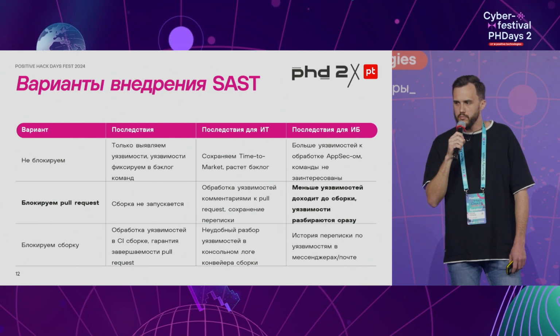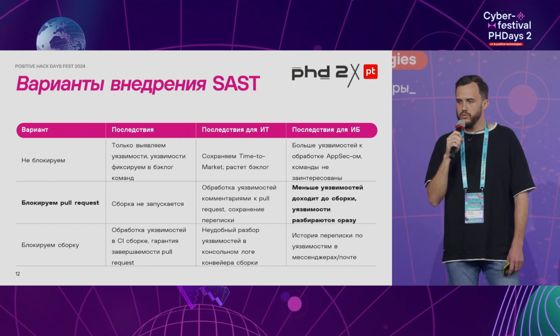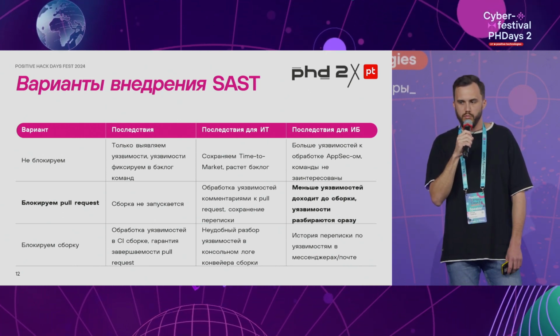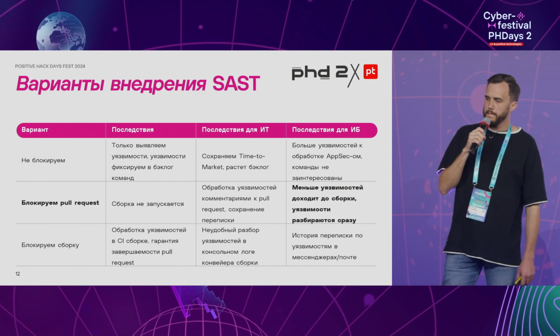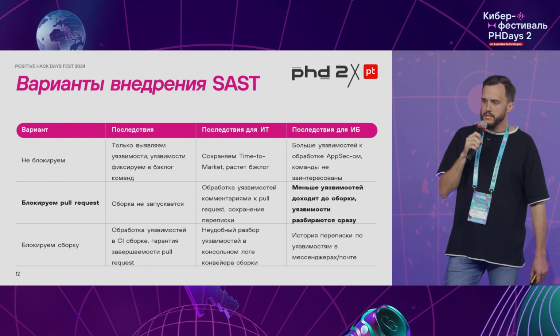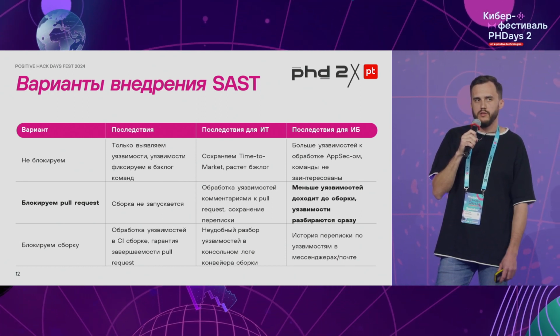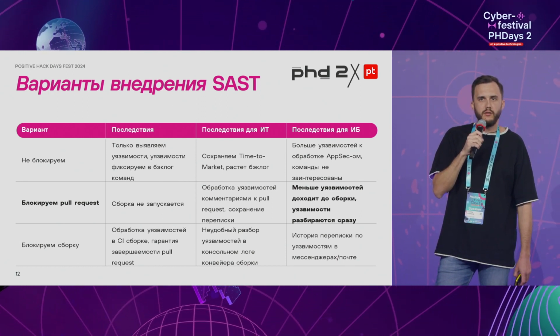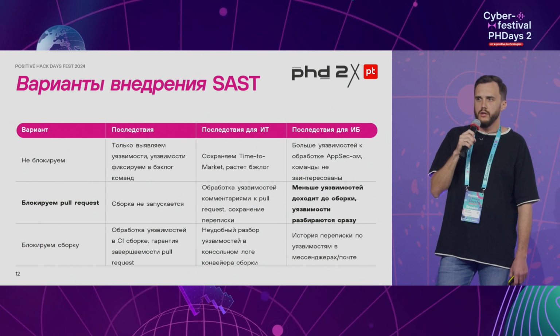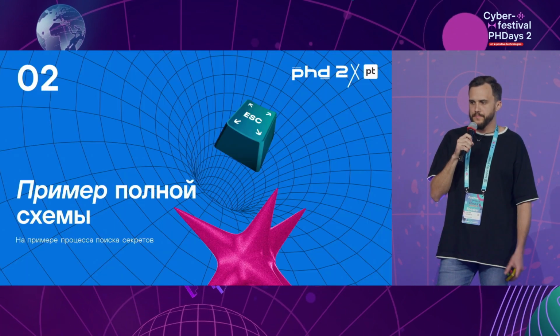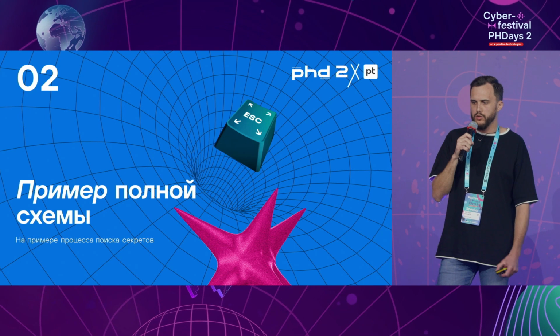We understand it's not really clear, it's not transparent, and this is one of the main reasons why developers may come to us with questions. For us, of course, it's important to keep the history in the communications of pull request descriptions, not with AppSec and not in emails.